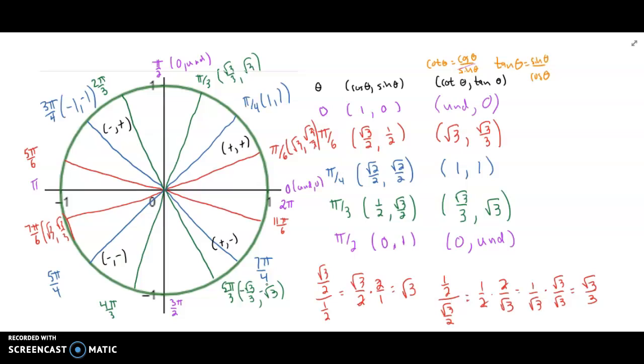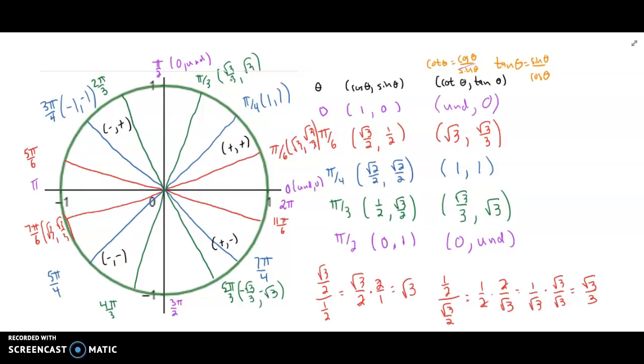Just looking back and finding my mistake there. A denominator of 3 would tell me that my tangent would be just root 3. So even if I went over here to 2 pi over 3, I know that the tangent is going to be negative root 3. Now, if I went back to my cotangents, it's just the opposite. So if the tangent is going to be the root 3 over 3, my cotangent is going to just be root 3. If my tangent is root 3, my cotangent is going to be root 3 over 3.